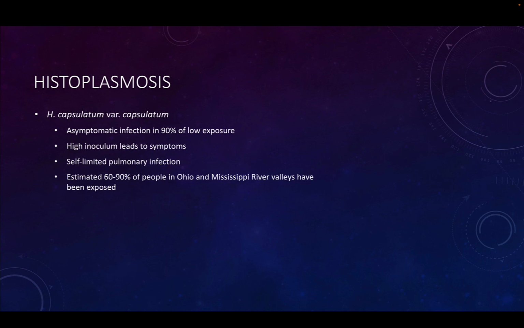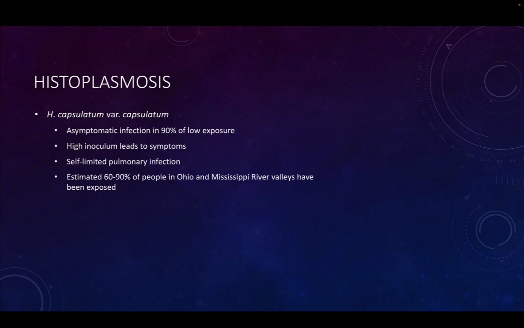In patients who have a low exposure, right, they didn't inhale that many of the conidia structure, it's asymptomatic. Patients who inhaled a lot, you're in a really gross bat cave, or you hung out under a pigeon roost for whatever reason, that high inoculum can lead to symptoms.